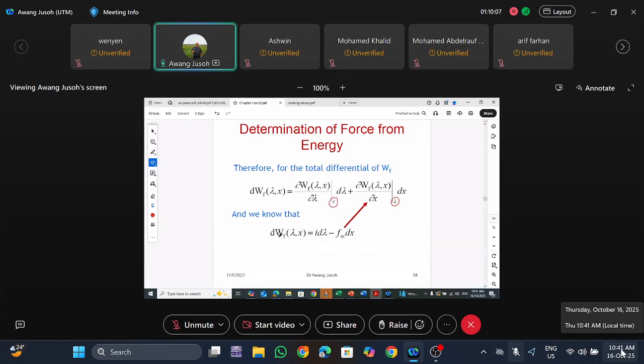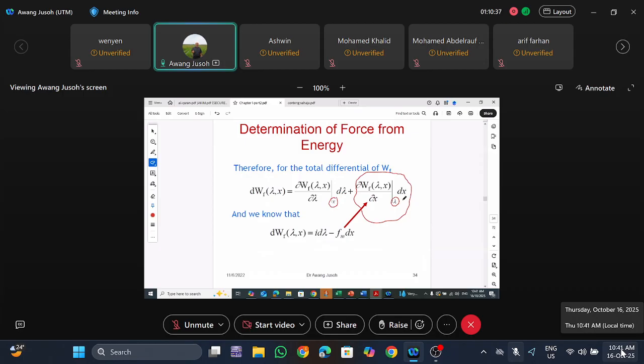The differential in stored energy equals i d lambda minus F dx. We just match them. What we want to know is the force. We don't bother about i, we focus on F, the force produced. The force produced can be obtained from this term. Meaning that in order to find the force, we must take the partial derivative of energy with respect to x.